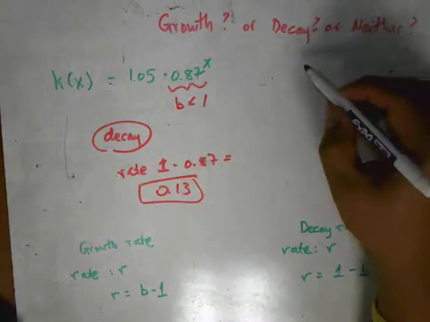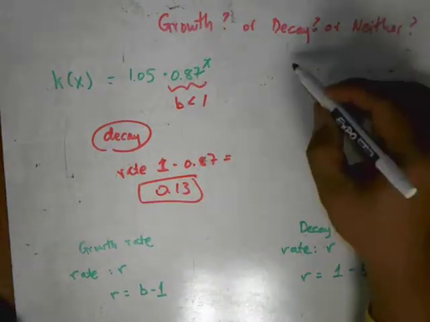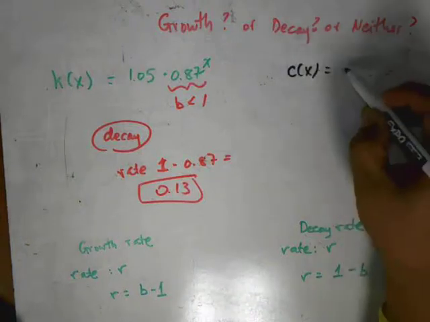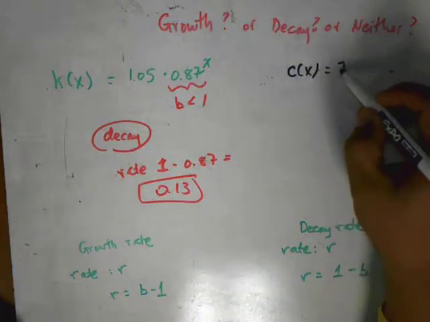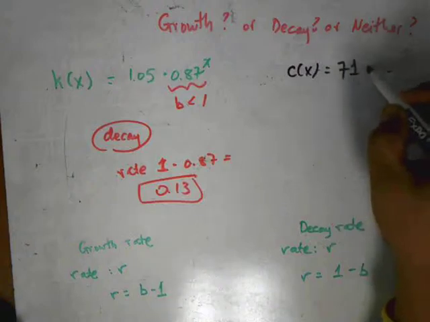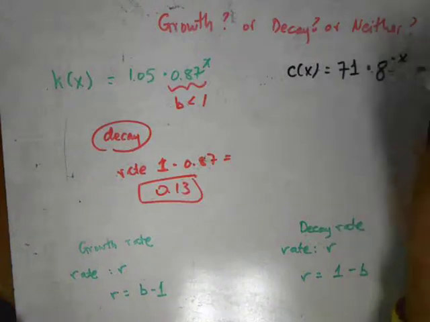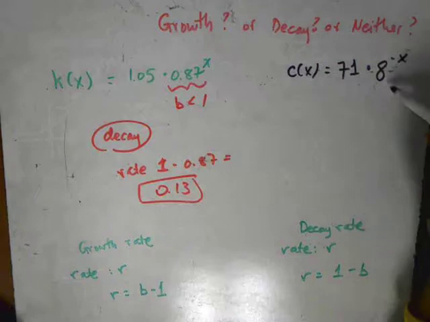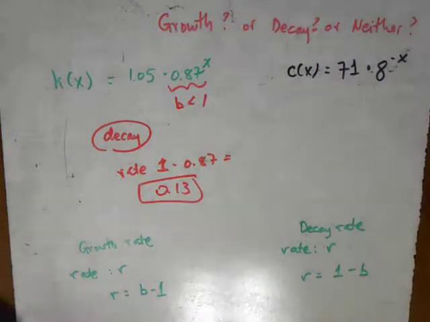Let's look at one more function here. I'm running out of some letters here. I'll call this c of x, and I'll say this is 71 times 8 to the negative x. Growth, decay, or neither. Initially, you look at this and you think the base is positive, but it's really not.